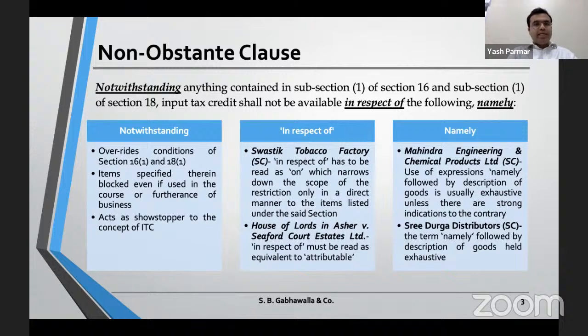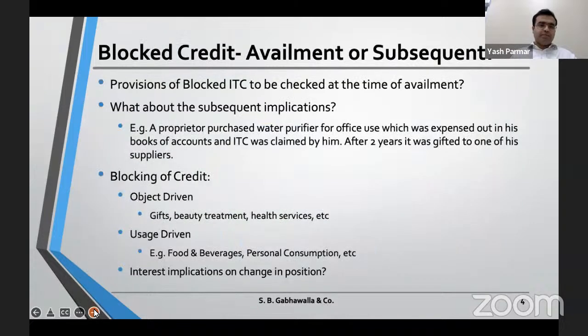now we will start analyzing each of the clauses which are there in this particular section. Before going into that, let us first quickly analyze as to when a recipient of service is required to check the provisions of section 17.5.